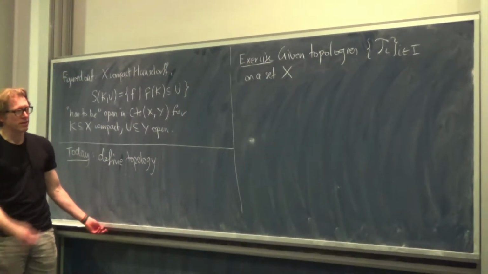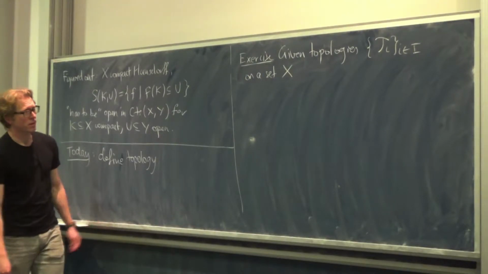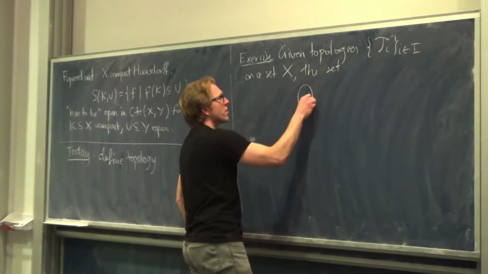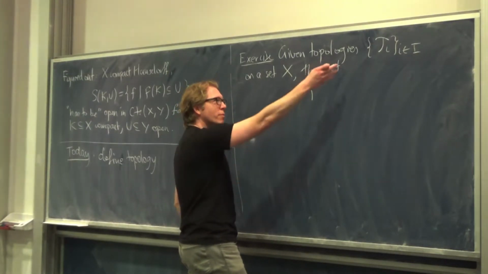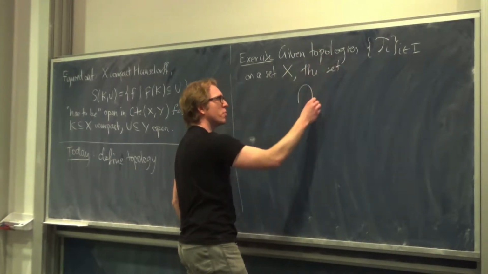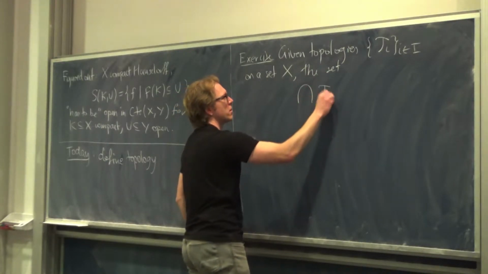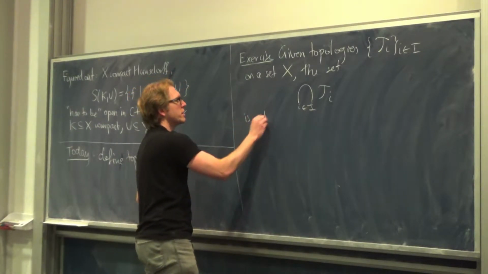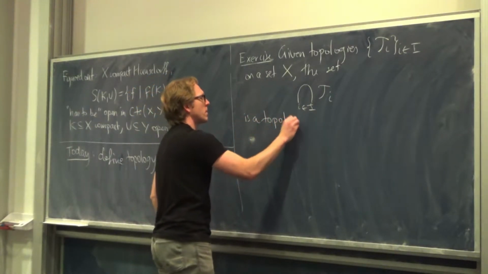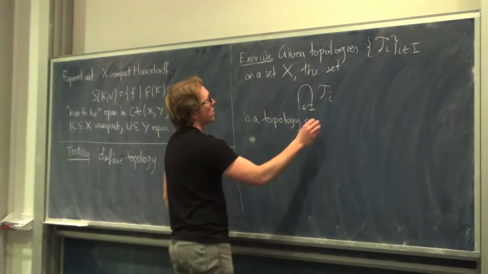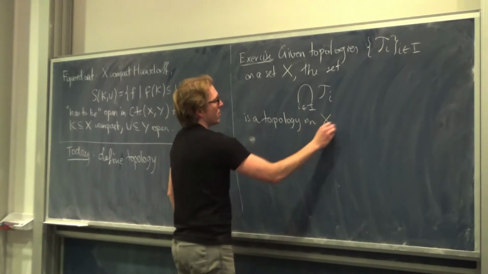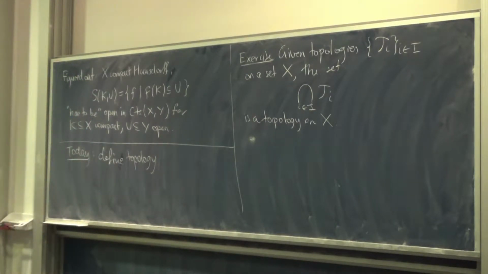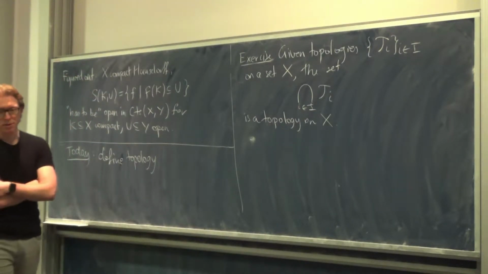So each one of those T_i is some subset of the power set of X. Then the set of all subsets of X which are simultaneously open in every one of those topologies is a topology. Okay, so it's just an easy check if you think about it, and the properties of intersections and unions.